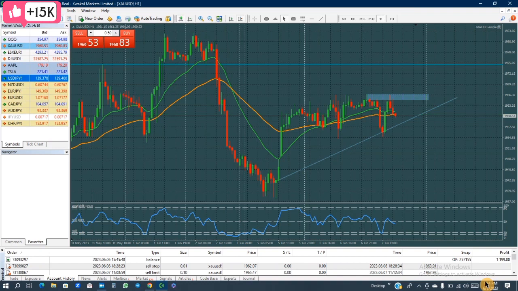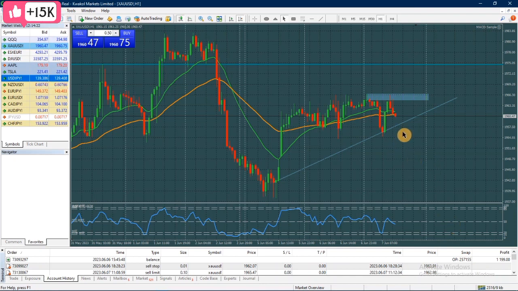Immediately it is 1:30 p.m., a breakout will surely occur. Immediately I have a breakout below this trend line, I will make my sell entry.